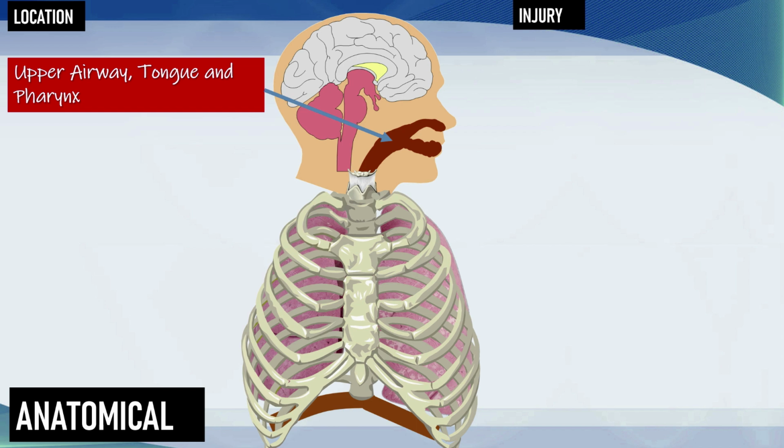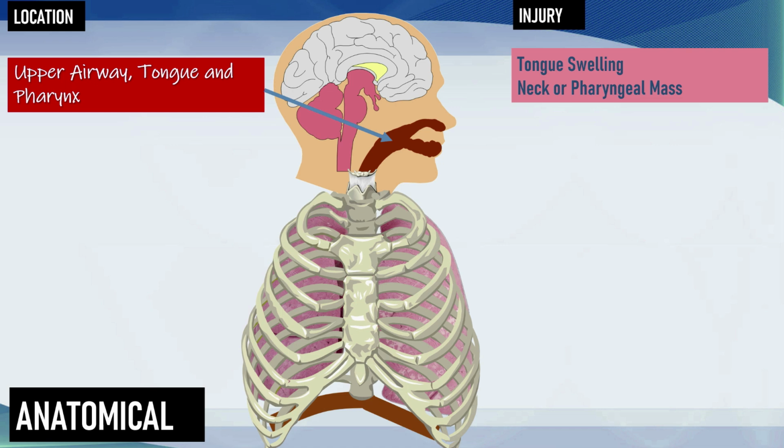So anything that gets in the way of this is problematic. So a hugely swollen tongue due to, for example, a hematoma or an inflamed pharynx or submandibular area that compresses the airway may prevent gas from flowing. So we're looking at things like trauma, masses, even tumors may cause this in the upper airway.